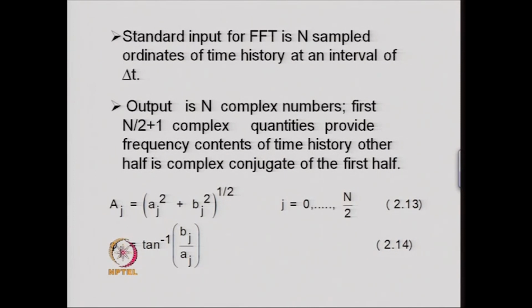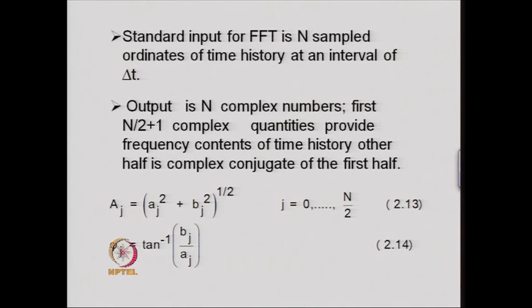Now, standard input for FFT is n sampled ordinates of time history at an interval of delta t. Once these n sampled values are provided to the FFT algorithm, the FFT algorithm gives back n number of ordinates.